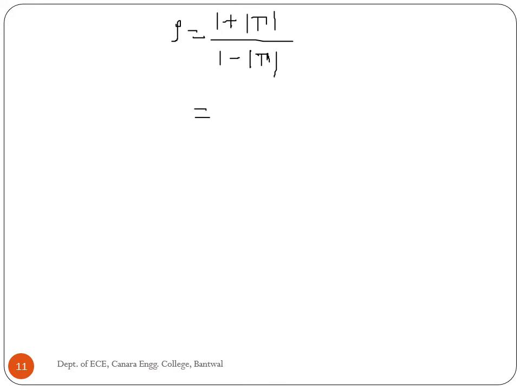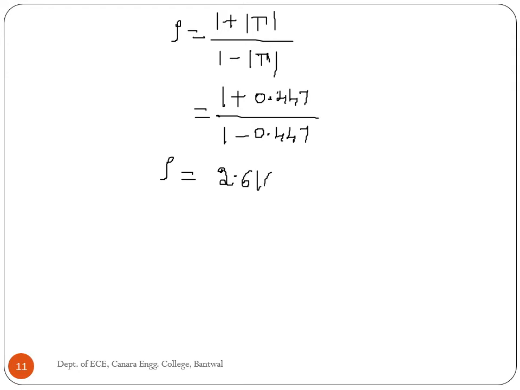The magnitude of the reflection coefficient is 0.447, so it is 1 plus 0.447 divided by 1 minus 0.447. Therefore, the voltage standing wave ratio is 2.616.